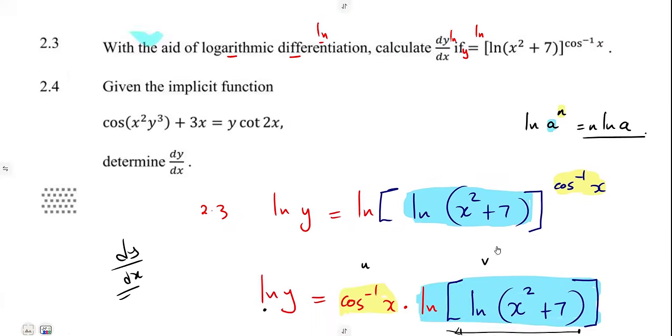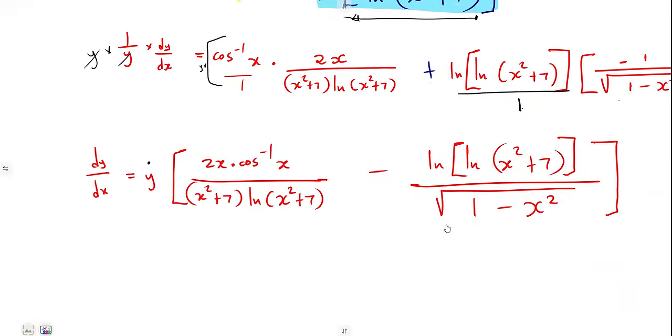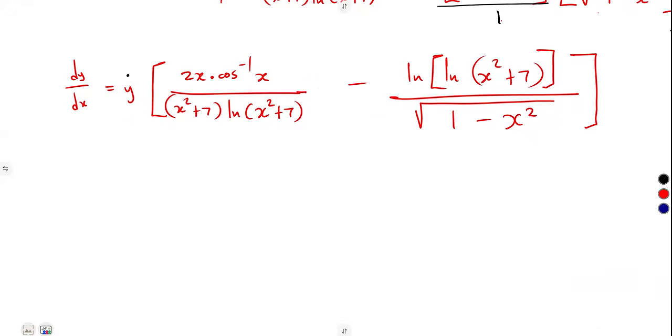Remember, y is equal to the part originally given. You substitute that in place of y.